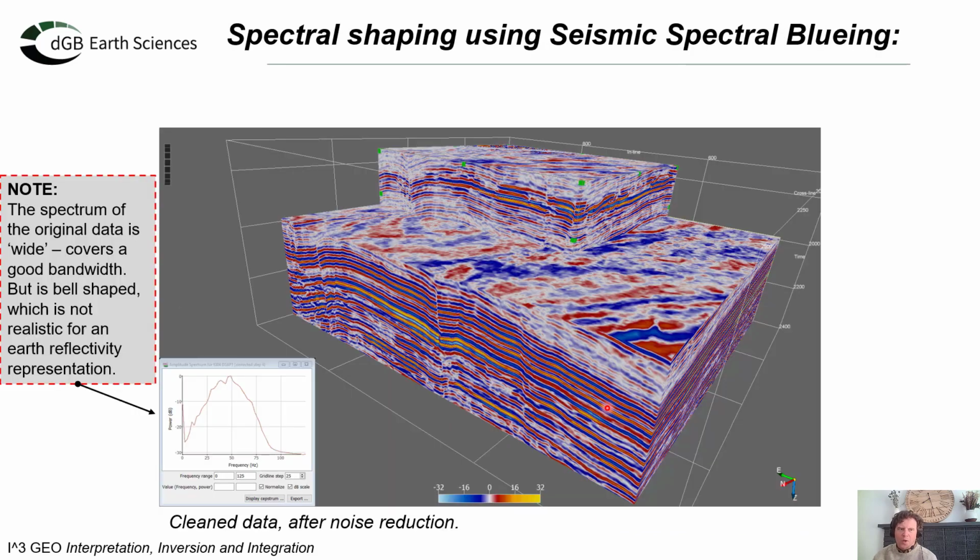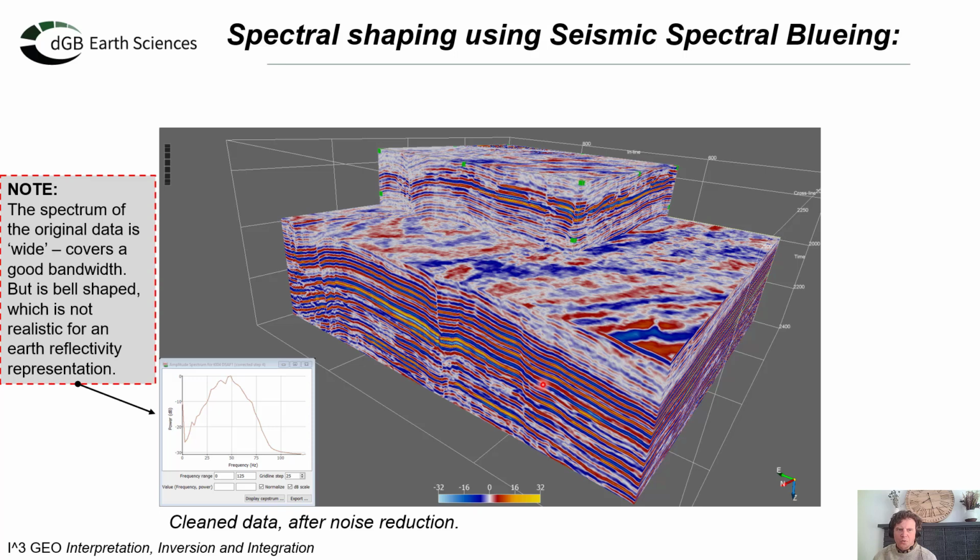These filters are followed by a frequency optimization step using the ARK CLS SSB or Seismic Spectral Blueing plugin. The SSB uses the sonic and density logs found in the wells to create the calibration geological reflectivity spectrum.